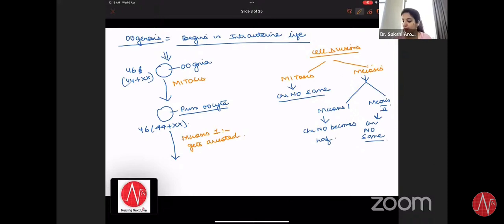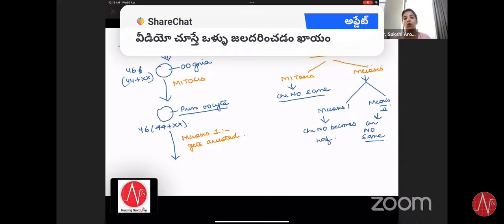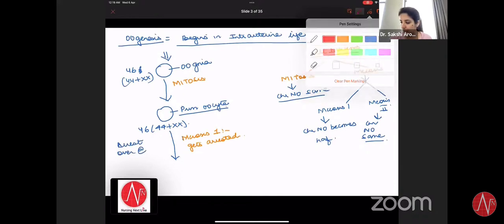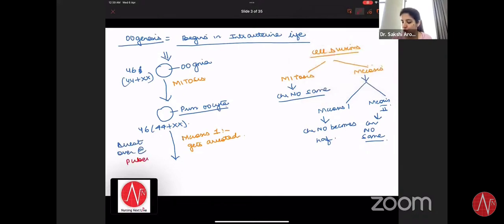The primary oocyte was supposed to change into a secondary oocyte, but then it is not able to convert. And now this primary oocyte is going to remain in an arrested state. This arrest will be over at puberty. So this process started in intrauterine life.